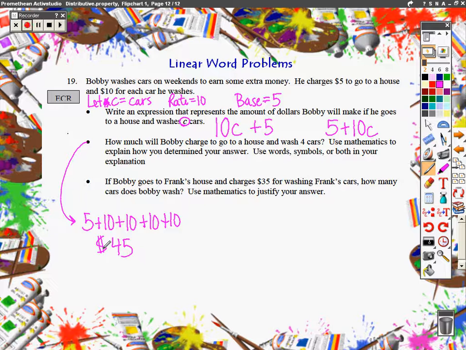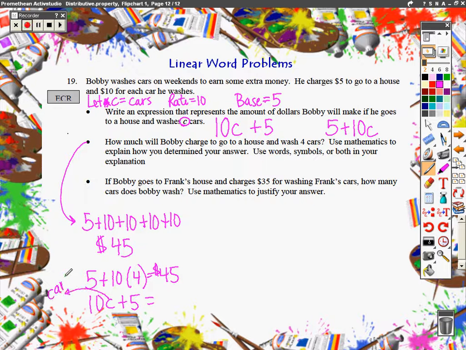Alright, well, we know that addition and multiplication are the same thing. I could just say $5 to go plus 10 times 4, and again, that gives me $45. Okay, I could look at it from the point of my expression and say 10C plus 5 equals. Well, what does this C represent?